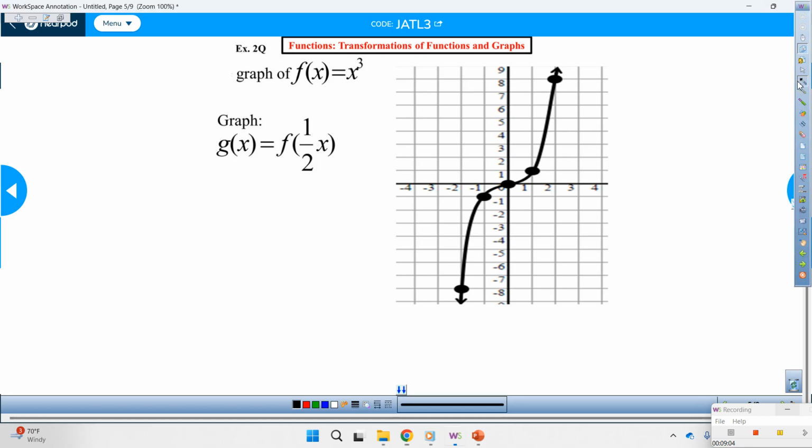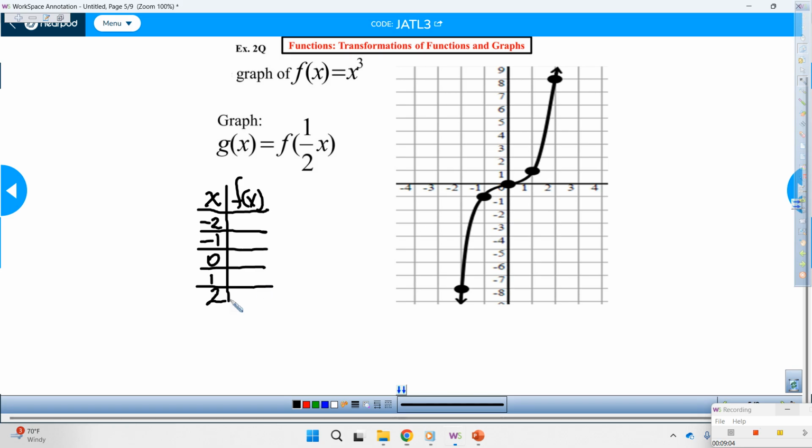What do we do first? Yes, let's make a table. So let's do that together. Here we go. I want you to write x, f of x. And again, what values are we going to use, Renzo? That is correct. That's our bread and butter for the rest of the year, unless it's specified.